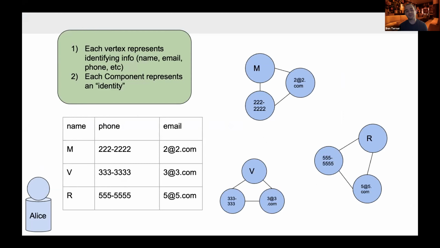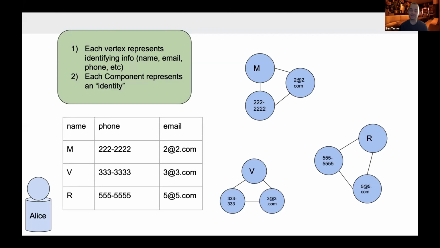Each party has a database, and I'm going to look at the database as a graph. Every piece of identifying information in Alice's database is going to be a vertex in the graph, and I'm going to make sure that there's a path between every two vertices in Alice's graph that represent the same identity or the same user. So you can look at this as a big graph of small connected components, where every connected component represents what Alice thinks is one user.